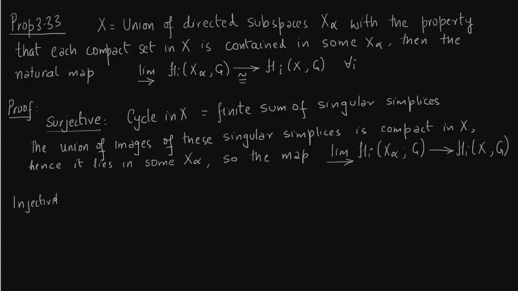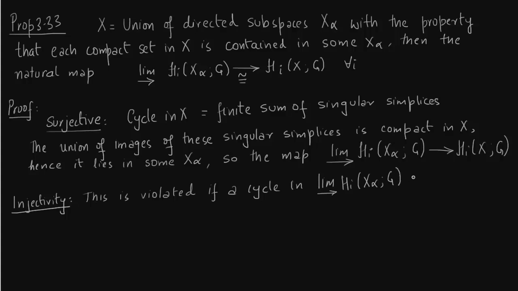Now the injectivity would be violated if a cycle in direct limit gets mapped to a boundary. But again, this would not happen because of compactness. So I will repeat again, injectivity will be violated if a cycle in direct limit gets mapped to a boundary.